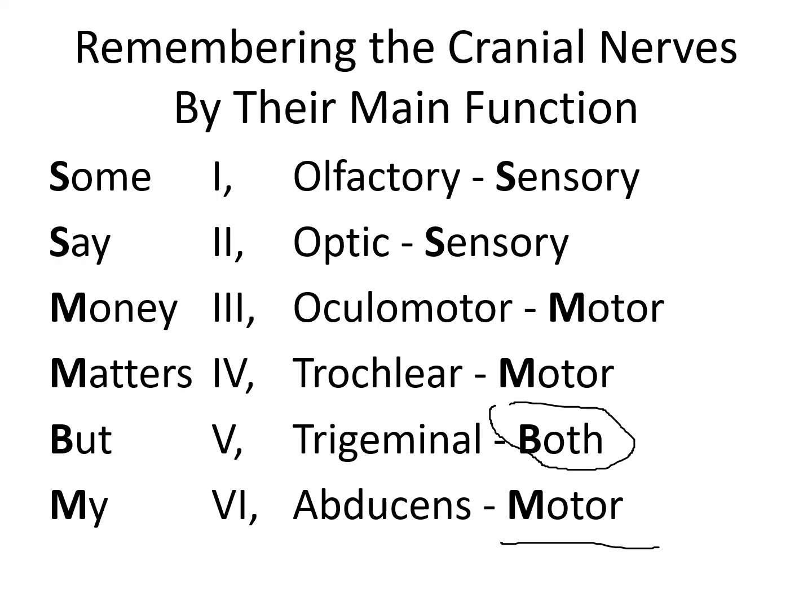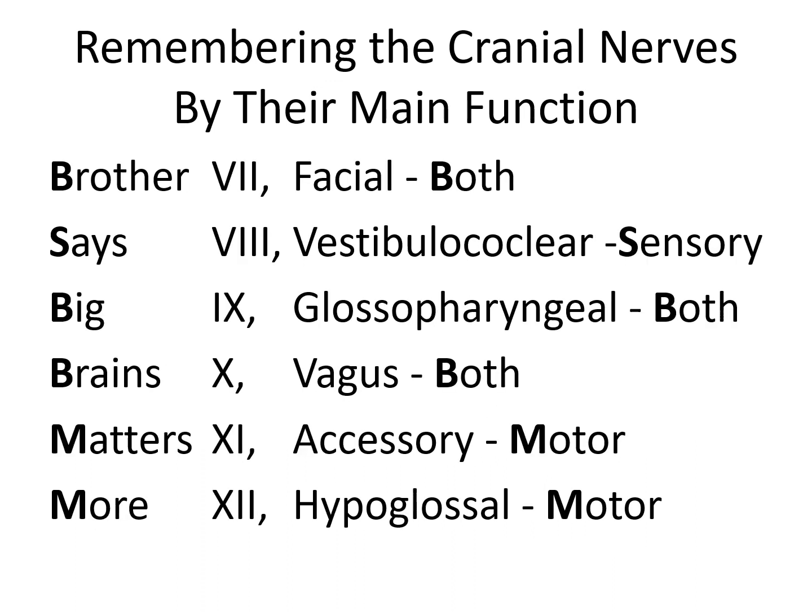So we have "some say money matters, but my," and these refer to the olfactory, optic, oculomotor, trochlear, trigeminal, and abducens nerves, and these first letters refer to their functions: sensory, sensory, motor, motor. B is for both, and M is motor. Now, for the rest of them: "my brother says big brains matters more," and these are the second set of cranial nerves: 7, 8, 9, 10, 11, and 12.